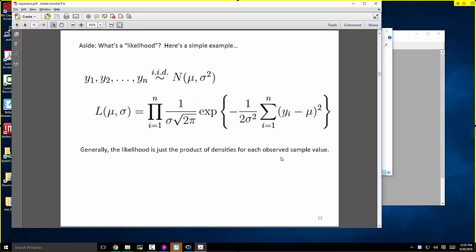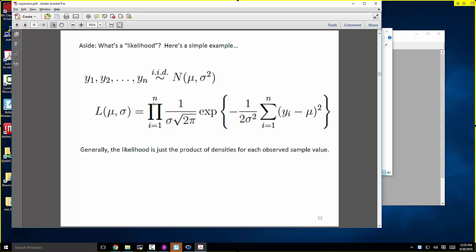Okay, one way we're going to motivate this is with a likelihood argument. We've seen likelihoods. Suppose that our data, this is not regression data, this is just univariate observations of a single variable, no covariates. So if we just had a random sample from the normal distribution with mean mu and variance sigma squared, then we know what the likelihood is.